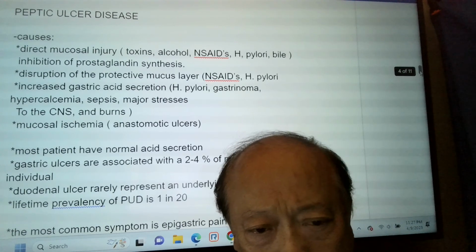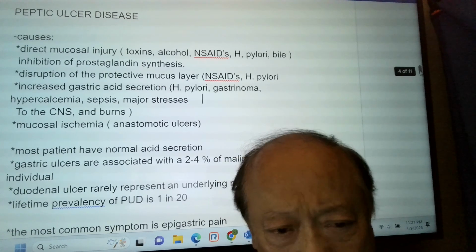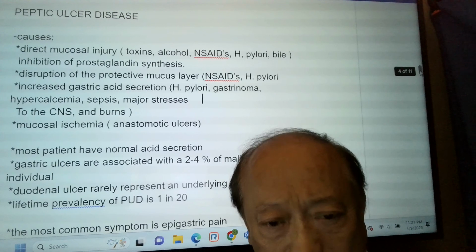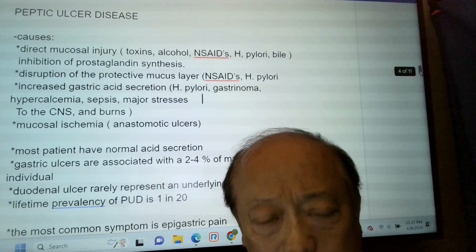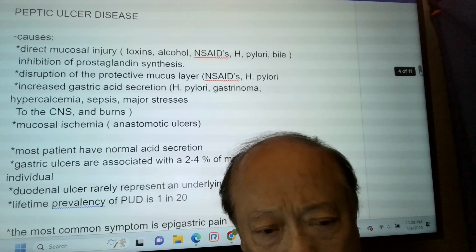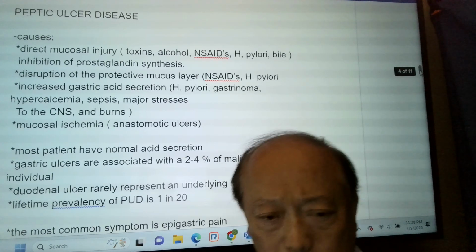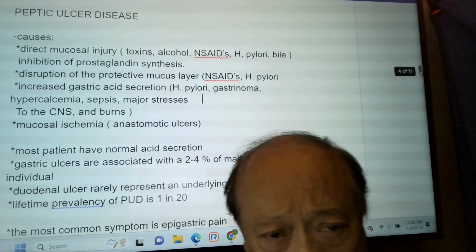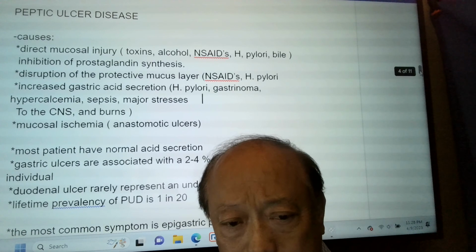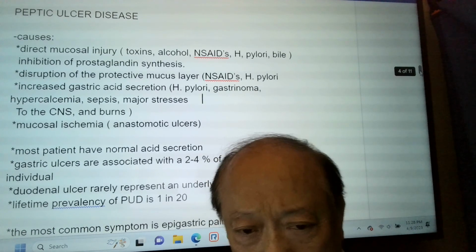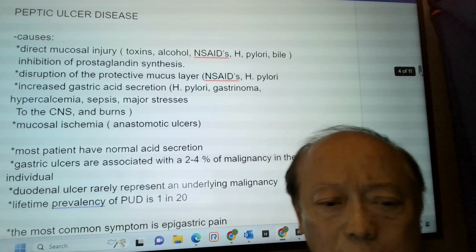Hypercalcemia, major sepsis, injury to the CNS, and burns can cause peptic ulcer disease. Mucosal ischemia can also cause peptic ulcer disease, for example in anastomotic ulcers.